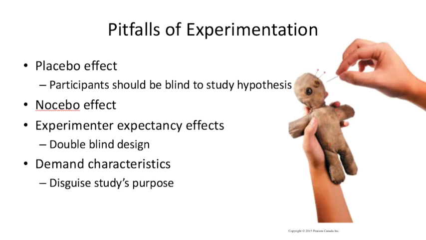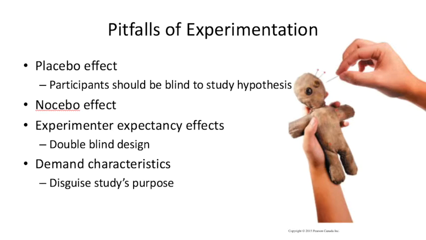And then finally, there are demand characteristics, which is another pitfall of experimentation. And demand characteristics are any obvious signs of what the hypotheses are and or what the researchers are expecting. Okay?